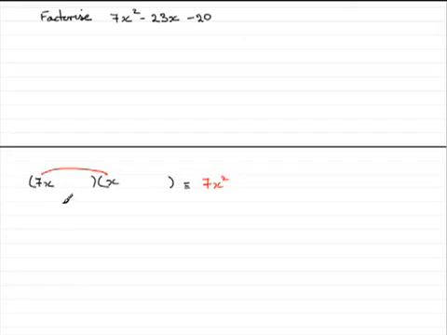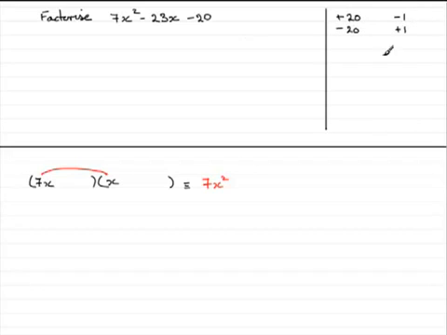Okay, now we need to find two numbers that multiply together to give minus 20. Well, they've got to have opposite signs. One's got to be a plus, one's got to be a minus. So what could we have? Well, we could have, say, a plus 20 multiplied by a minus 1. We could have a minus 20 times a plus 1.